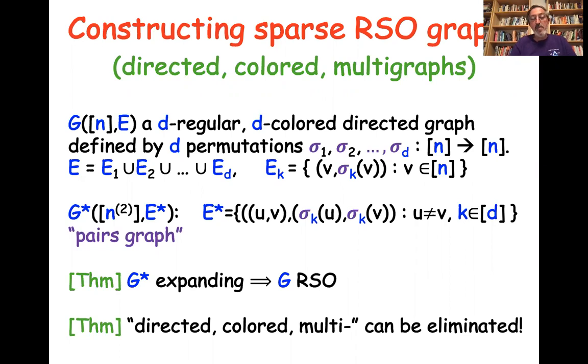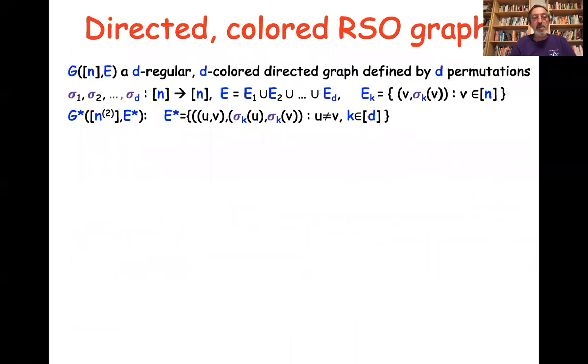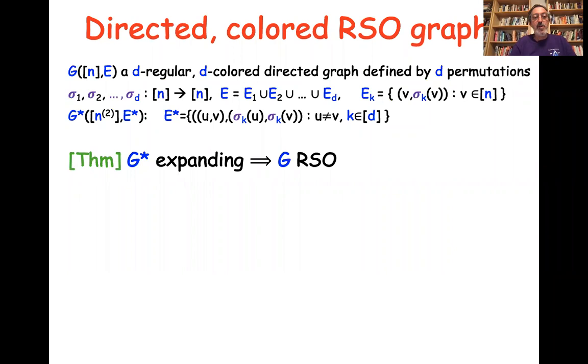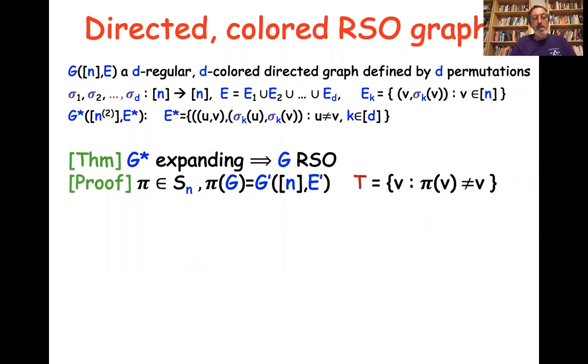Okay, so let me give you a sketch of the proof of this theorem. So it's the definition, and that's the theorem. So what should the proof do? We are given an arbitrary permuted copy, G prime of G. So pi of G is G prime. And let T be the set of vertices that are moved by this permutation.